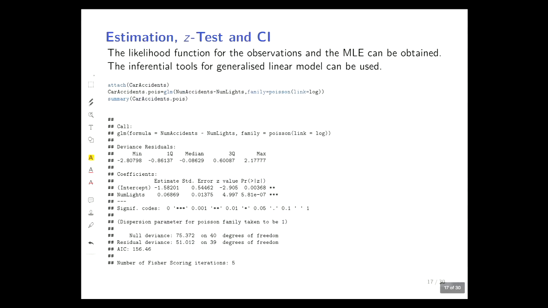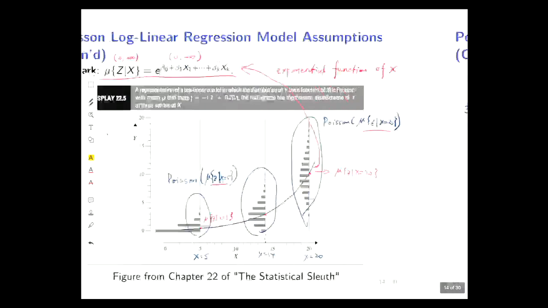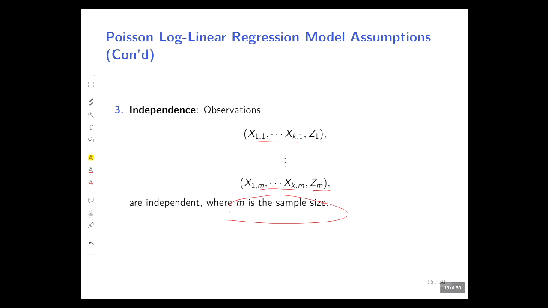Okay, so let's look at how to fit the model based on the data set. Obviously, if we have defined the distribution of Z, and also we have the independence assumption, we can compute the probability that we observe Z1 to Zn.